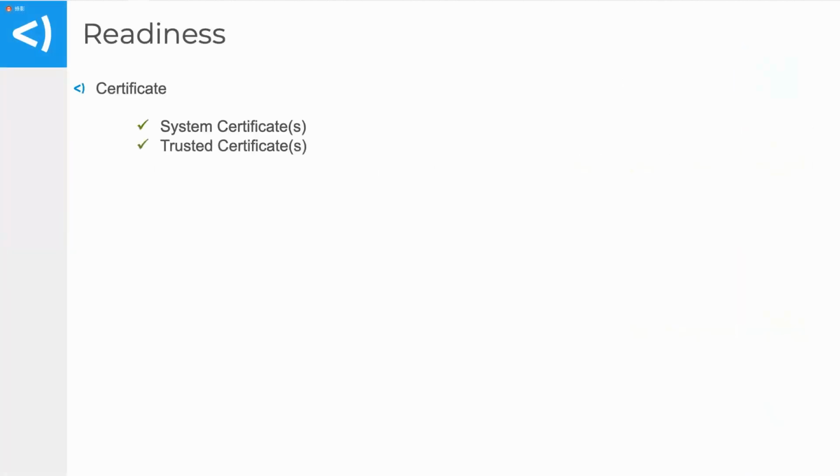So when provisioning 802.1x, the first thing that you need, if you're going with TLS, is your certificates on Forescout. There are two types of certificates that are defined as part of the readiness for Forescout. The first one is the system certificates.